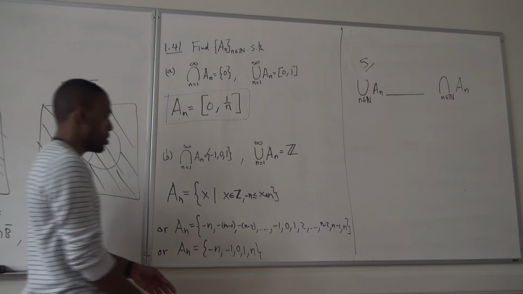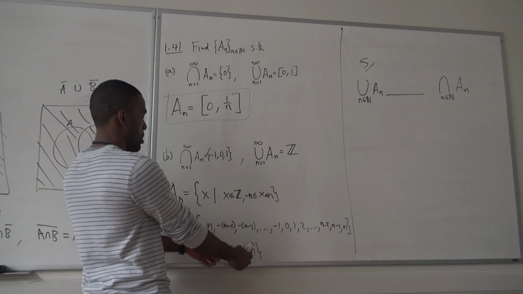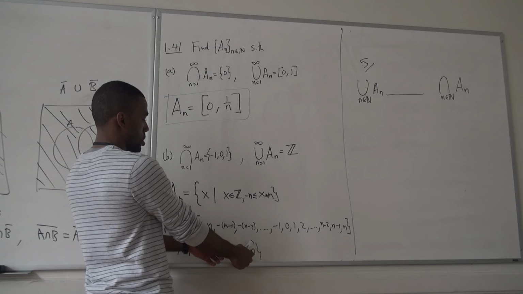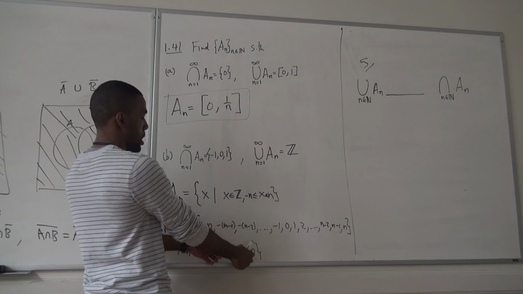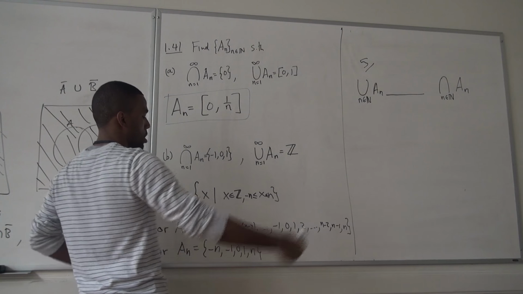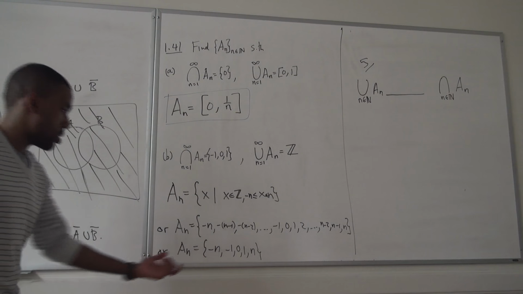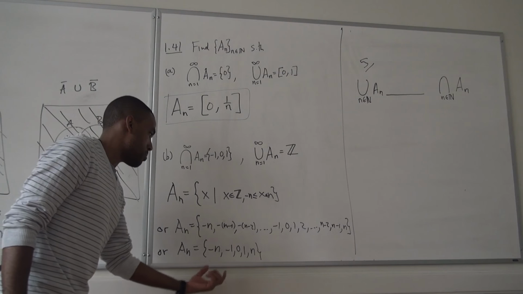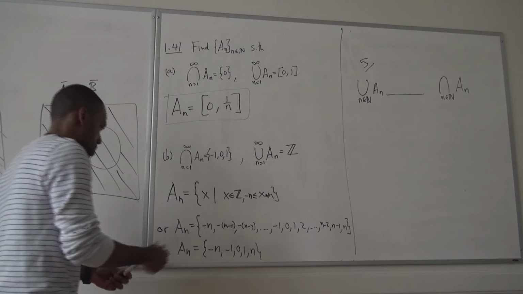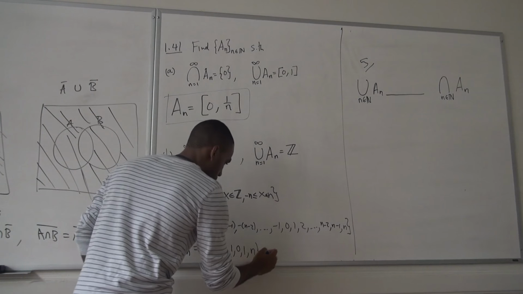So basically, you always want your set to keep these guys, the minus 1, 0, and 1, and then let your n count up all the other integers. And this will always be in every set.